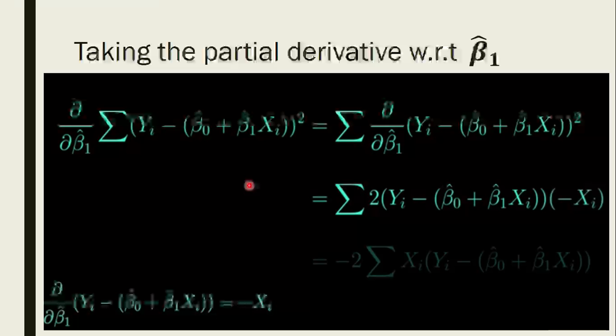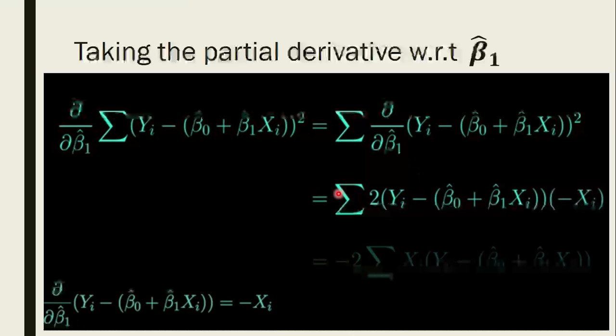Now taking the partial derivative with respect to beta 1 hat. Again the derivative of a sum is the sum of derivatives, and again by the power rule the 2 comes out front and the exponent becomes 1, but again we can't forget the chain rule.